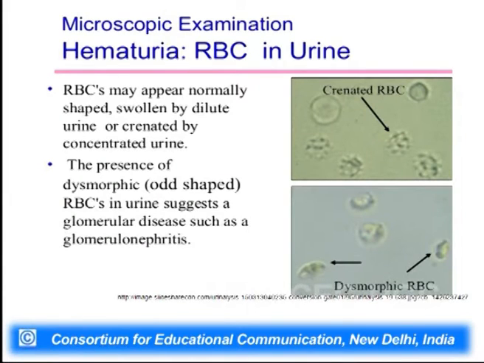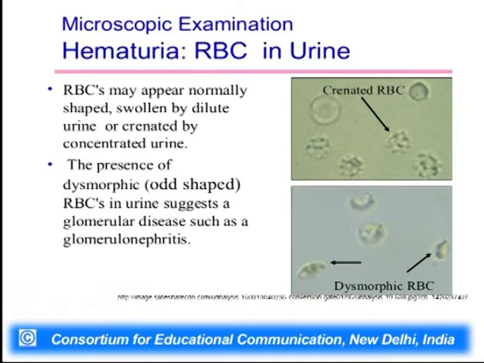This gives us an indication that the person might be suffering from some disorder. The presence of red blood cells in the urine is many times referred to as hematuria. Red blood cells normally appear swollen in the case of diluted urine, while in concentrated urine they are crenated. We can see a crenated RBC here where the urine is concentrated.